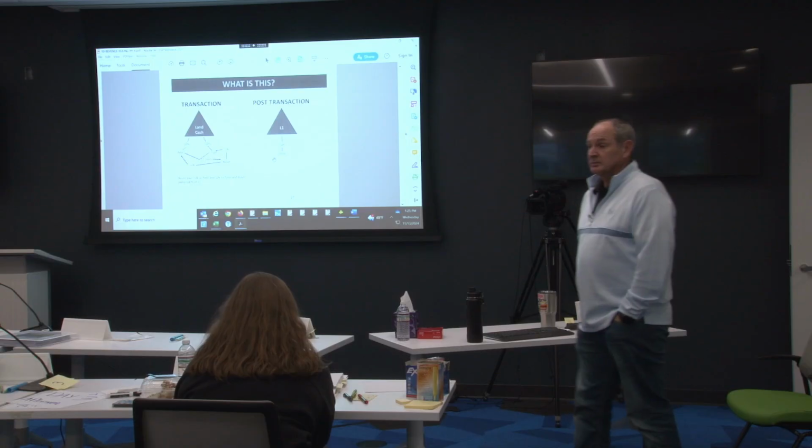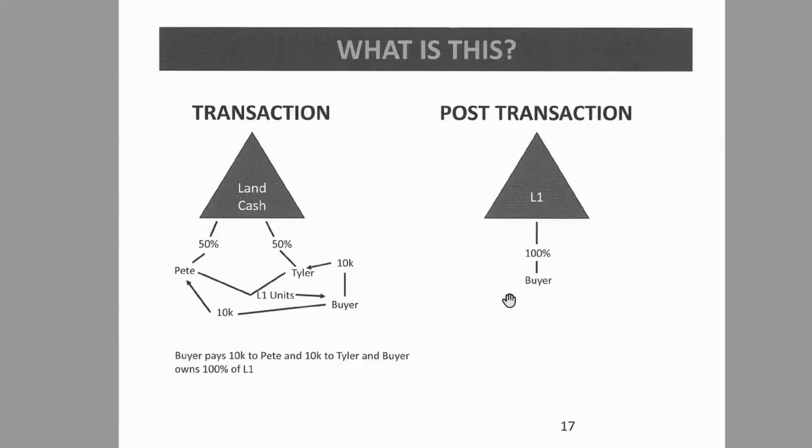Under this scenario, what is this? Pete and Tyler sold their interest in L1. What did they sell? They sold partnership units, but the buyer bought the assets in the partnership, because now it's a disregarded entity for them.